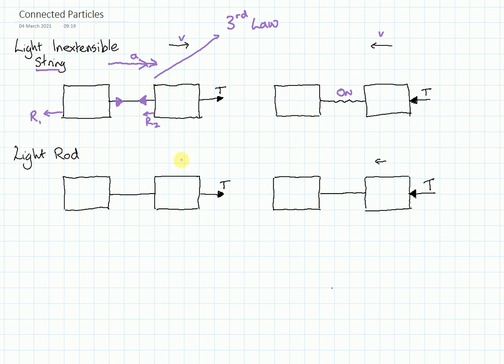In a rod, we've got the same thing. If they're both moving together that way, they will both move with that acceleration and that velocity, and they will have a connected force here, a tensile force, and that will be transferred from one to another.